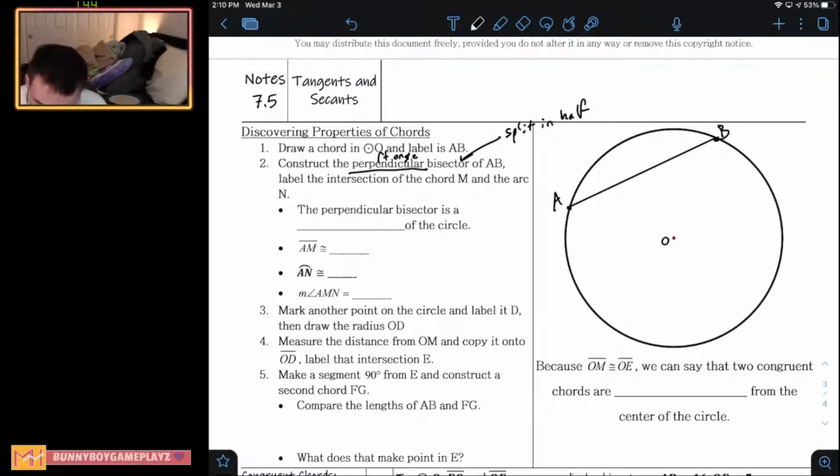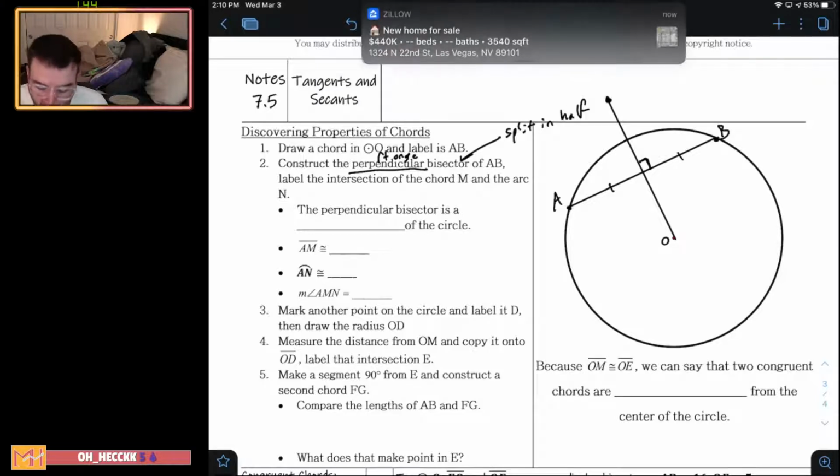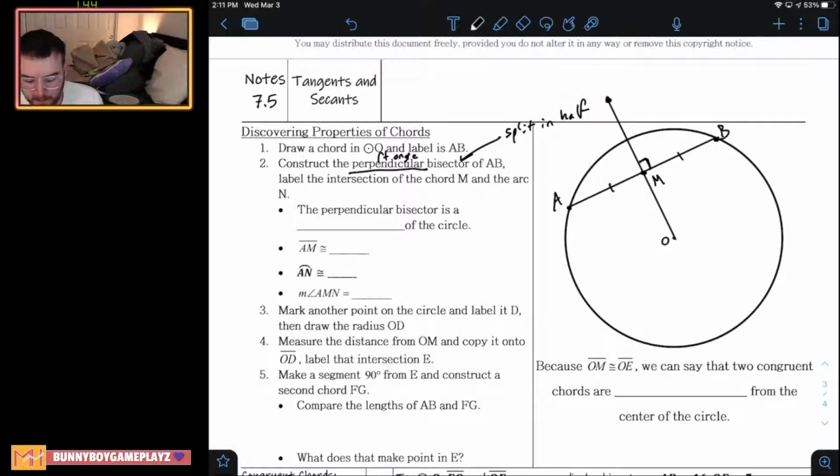What that would look like is something like this. This is a right angle here, and then this half is the same as this half. We're going to call this point M for midpoint, and then we'll call this point right here N, as it says here.